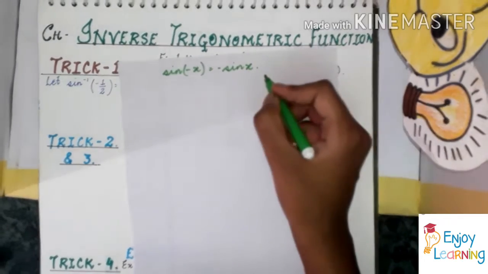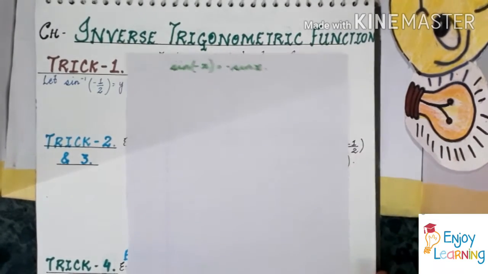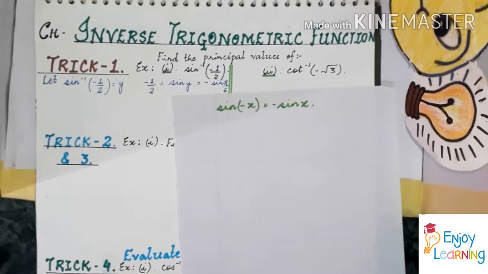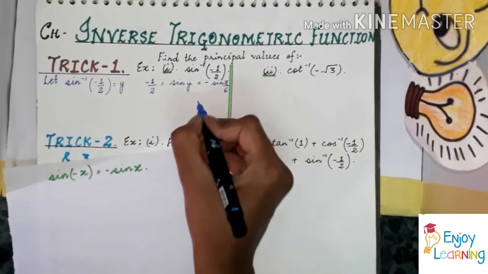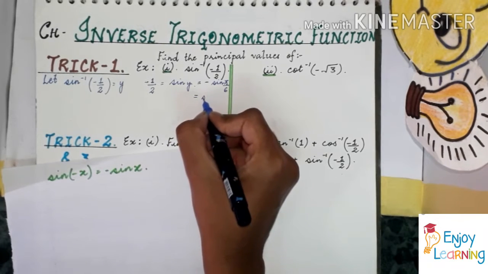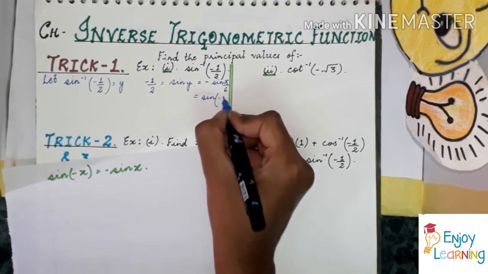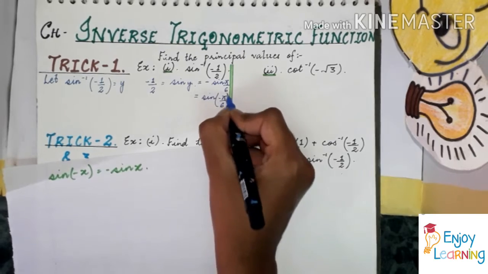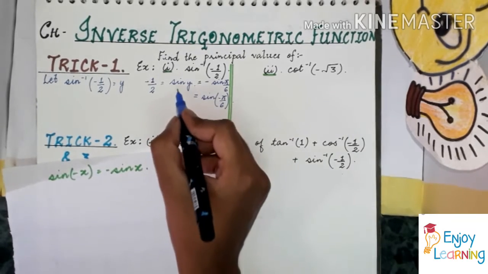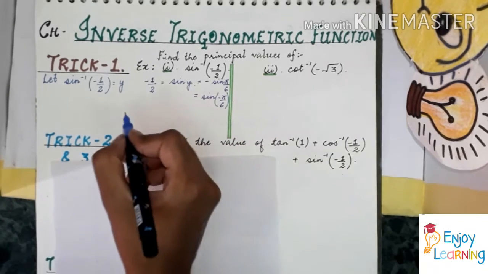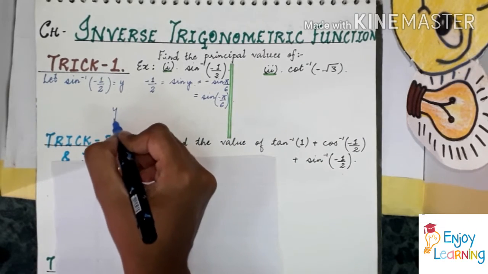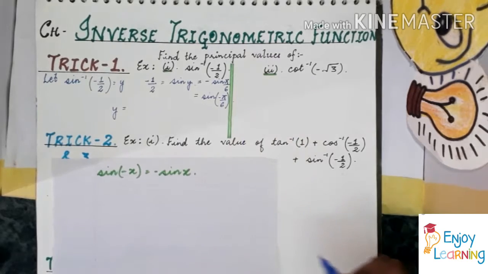Have you remembered this property? Sine minus x is equal to minus sine x. So in place of minus sine pi by 6, you can write sine minus pi by 6. So here you are getting sine y as equal to sine minus pi by 6. So you can say that y is equal to minus pi by 6.